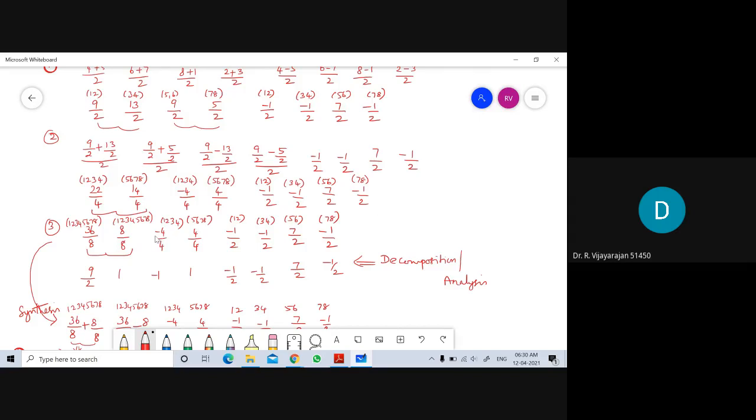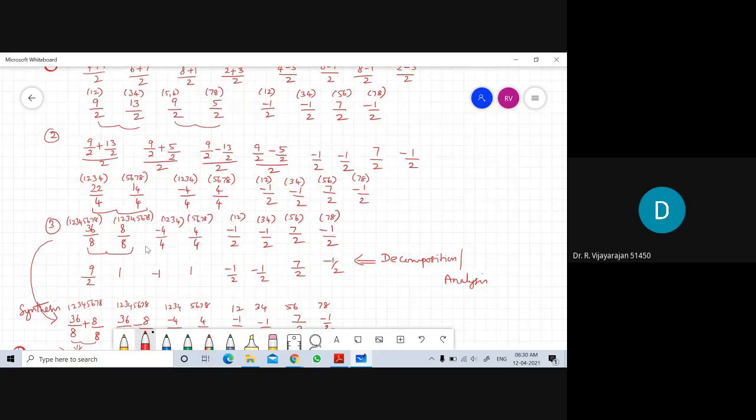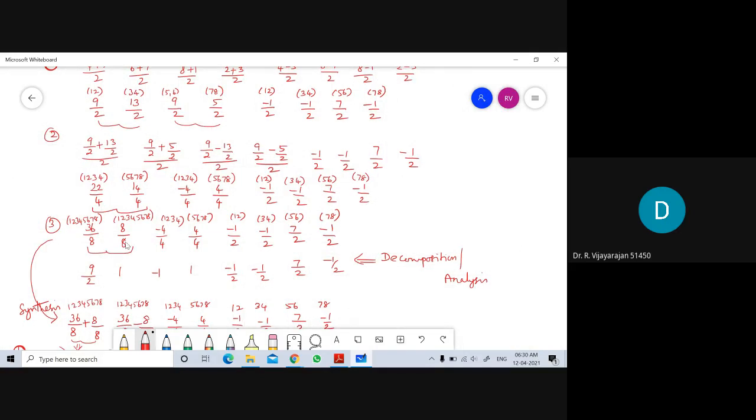Then the next step is with respect to the approximate coefficients. That is, coefficients based on these two values, 1, 2, 3, 4 and 5, 6, 7, 8. We need to go for averaging and difference once again. So this is the average value, this is the difference value. The remaining are detailed coefficients.